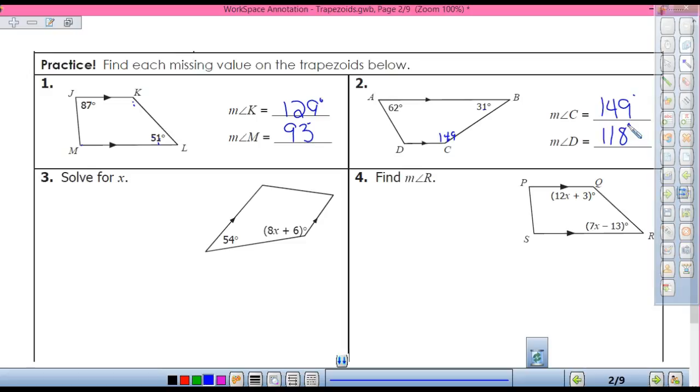Here, are these two angles both connected to opposite parallel lines? Yeah, this is parallel, and this is parallel. So now our trapezoid is flipped a little bit, right? So these two angles are consecutive angles, and they're supplementary. So how am I going to solve this?